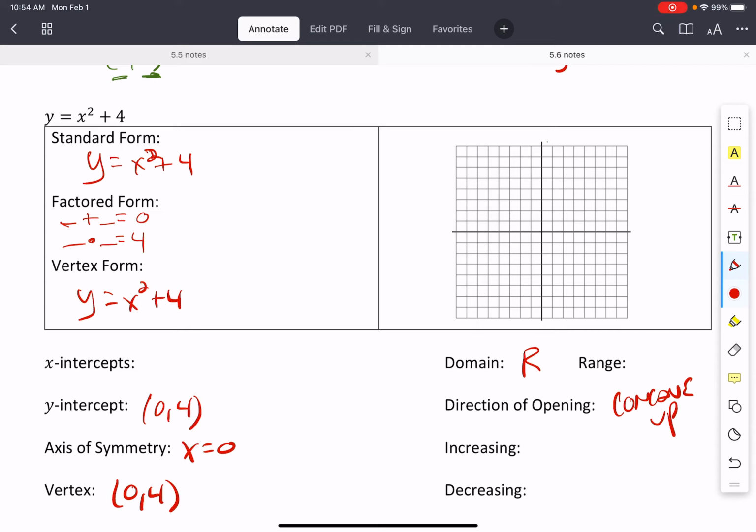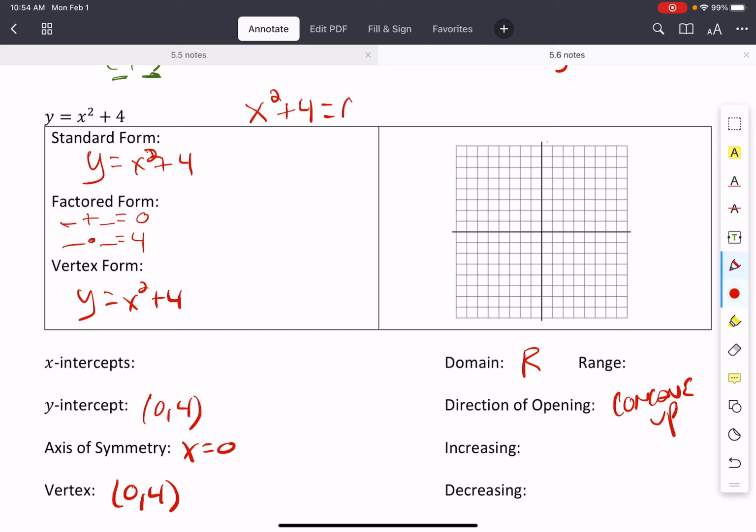So I just want you to pause for a second, and remember back last unit. If I were going to find the solutions of this, which we've talked about, the solutions are the x-intercepts, right? What would I set this equation equal to if I wanted to find the solutions?